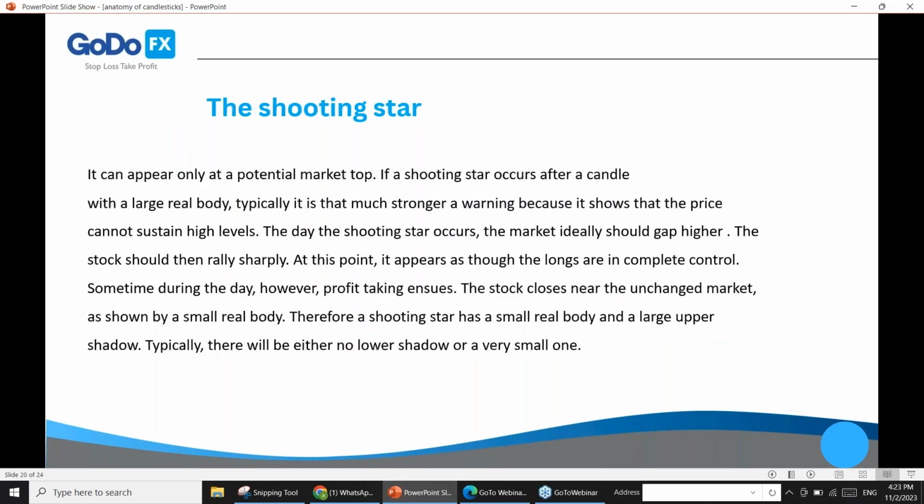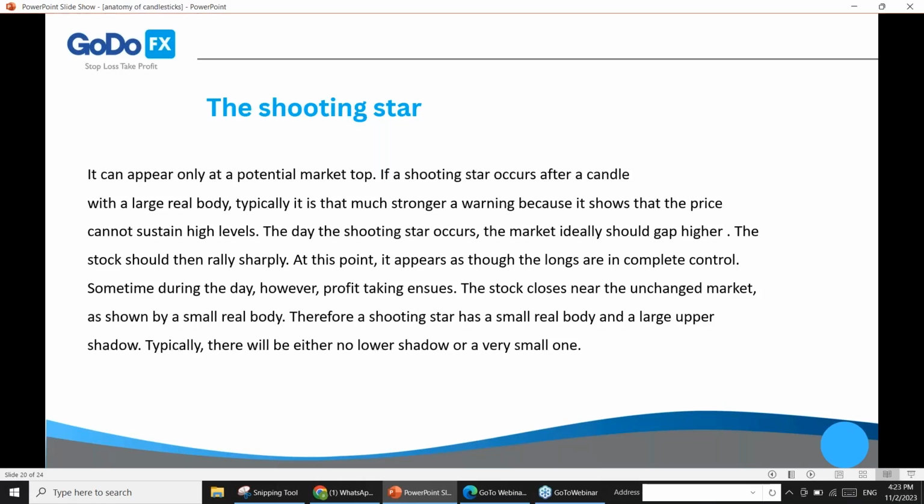So when we have a shooting star, it can appear only at a potential market top. If a shooting star occurs after a candle with a large real body, typically it is that much stronger a warning because it shows that the price cannot sustain high levels. On the day the shooting star occurs, the market ideally should gap higher, and the stock should then rally sharply.